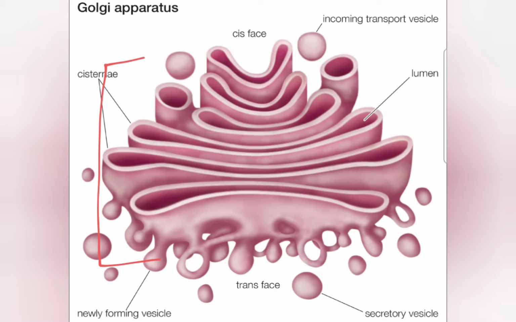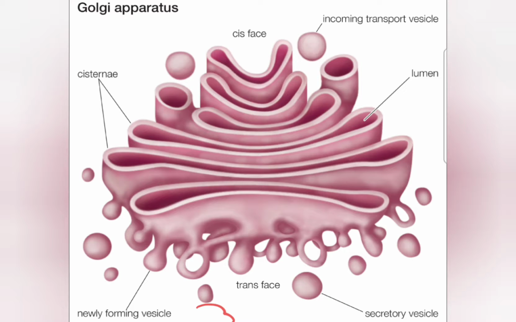This whole pile of many cisternae forms one stack. Each of these is known as a sac and they form a stack. The number of sacs in each stack may range from 3 to 20 depending on the type of the cell in which this Golgi body is present.